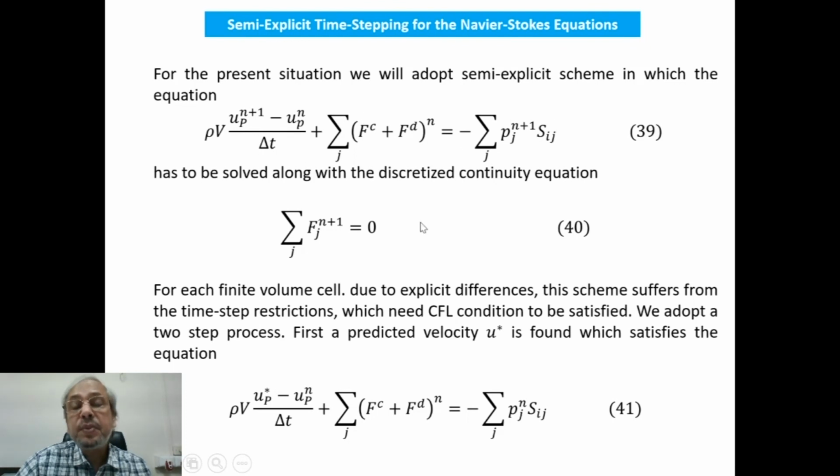Then the difference between these two equations will give us the relationships 39 and 41, velocity correction and pressure correction. So pressure has to be corrected so that P n evolves as P n plus 1, and velocity has to be corrected so that UP star becomes UP n plus 1. And then we have progressed from the nth level to level n plus 1.